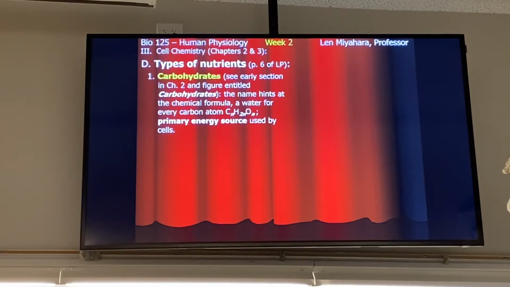Well, not the only one, but it's the main one. The term carbohydrate means an H2O for every carbon. So that's the overall formula for carbohydrates. This is the primary energy source used by cells to make ATP. Again, inside the cell, it's only ATP.